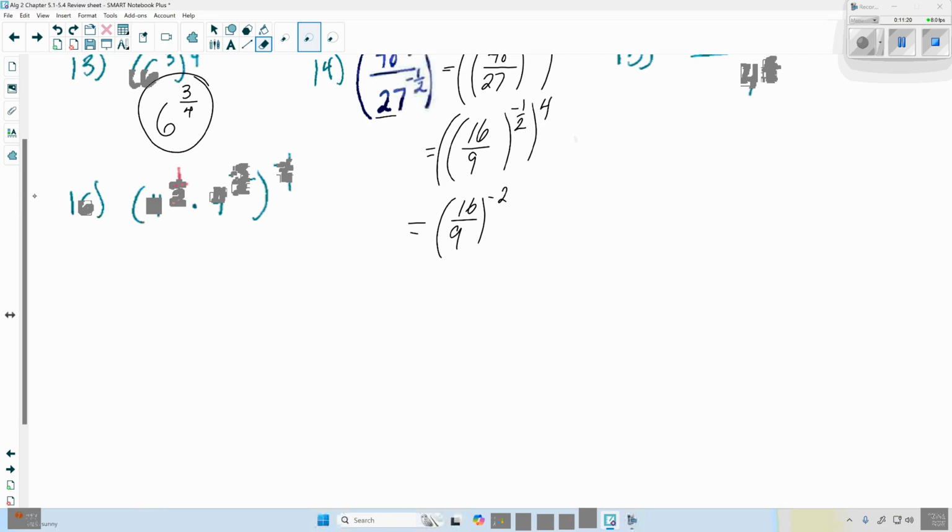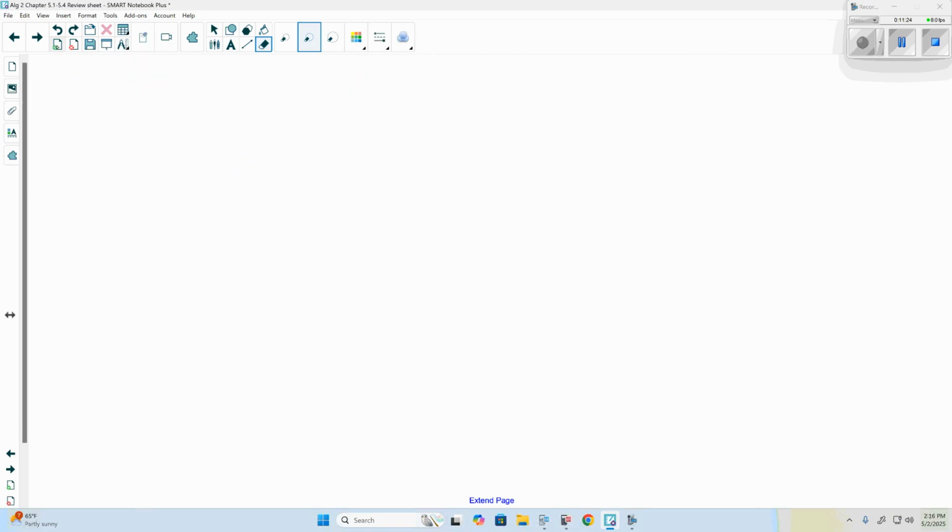Now, there is something interesting, and I don't know if we've talked about it too much. I know I've talked to a few of y'all about this. A over B to a negative exponent. What we could do is apply it to both, but we can't leave it negative. We've got to flip it. The B's exponent, to make it positive, has to go to the top. The A's exponent, to make it positive, has to go to the bottom, yes?